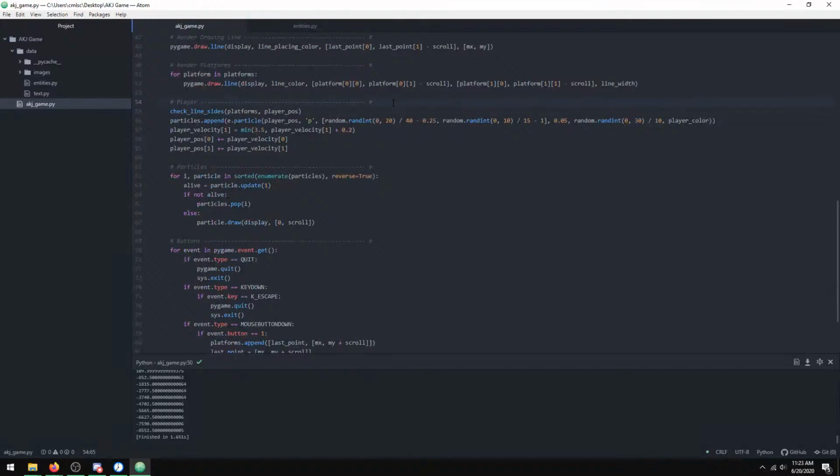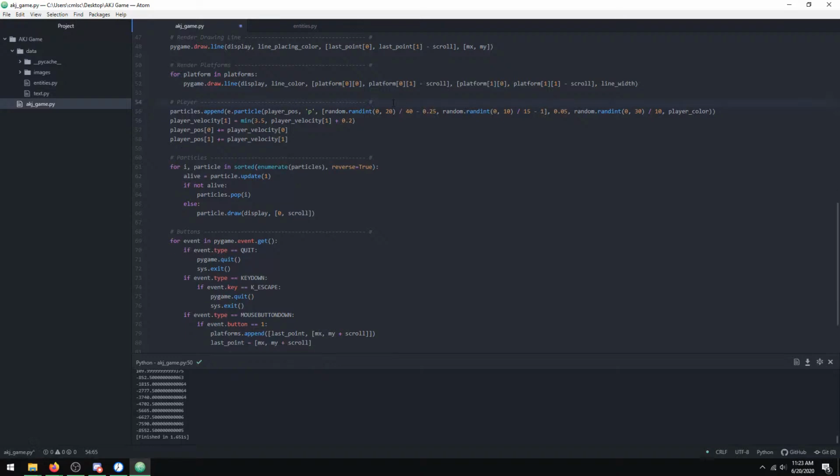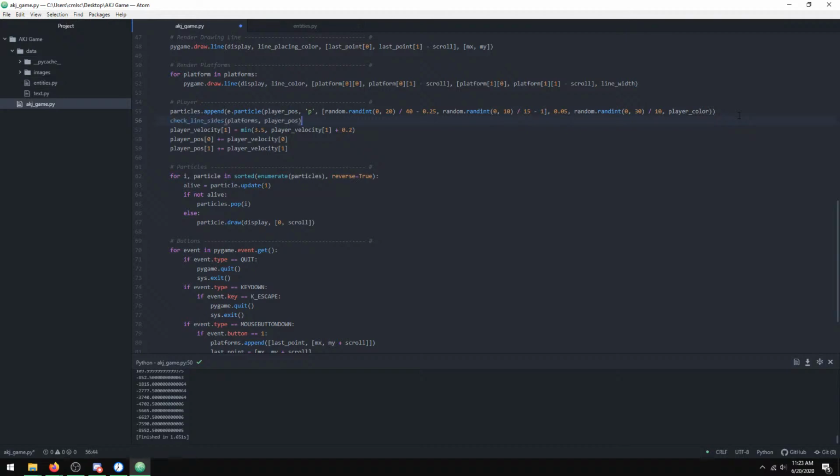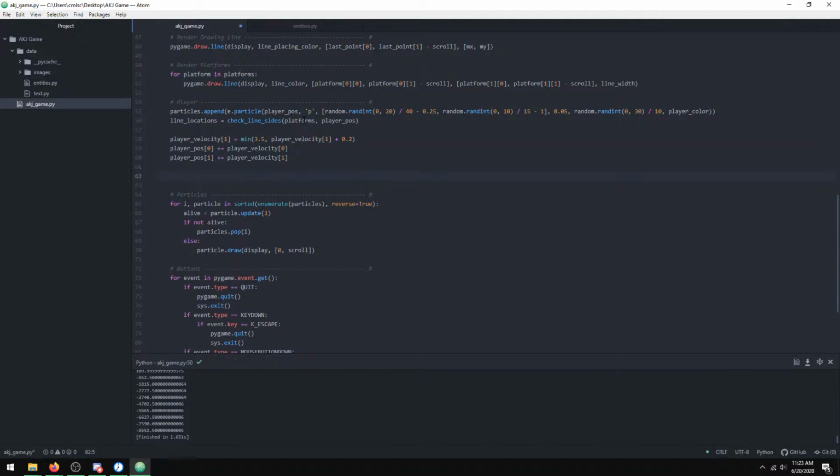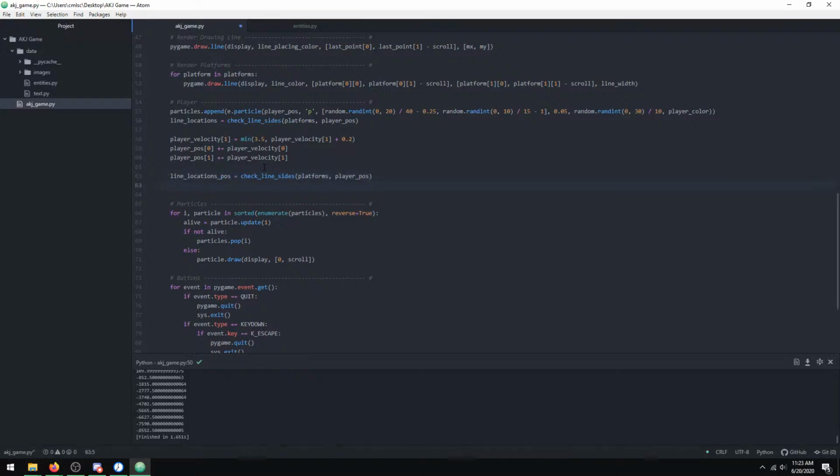Okay, so yeah, I'm checking before and after the movement to see if I crossed a line. So line locations equals that. And then line locations post equals that again. So now I forgot to apply scroll in here. This is important. Or actually no, I just need to render particles with the scroll, so never mind, I'm good.